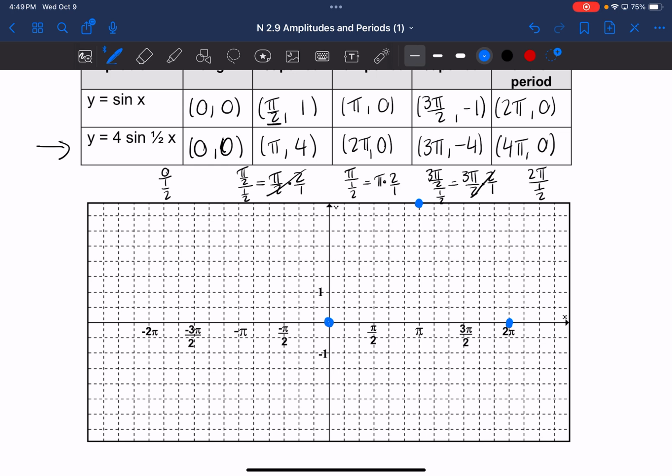So not only does it continue to the right, it can also continue to the left. So I'm just going to go plot the other points of my cycle to the left. So I now would need a minimum, and then I would come back to a 0. So my function looks something like this when we plot one full cycle.